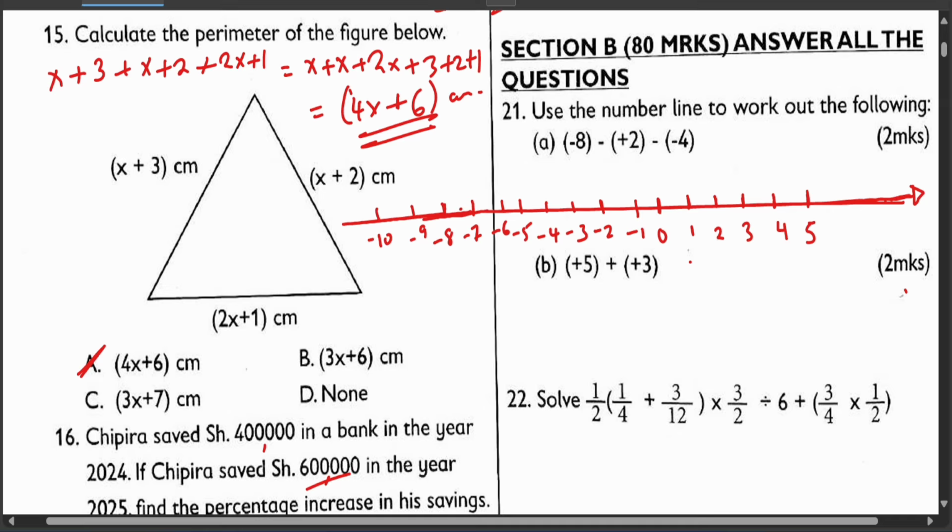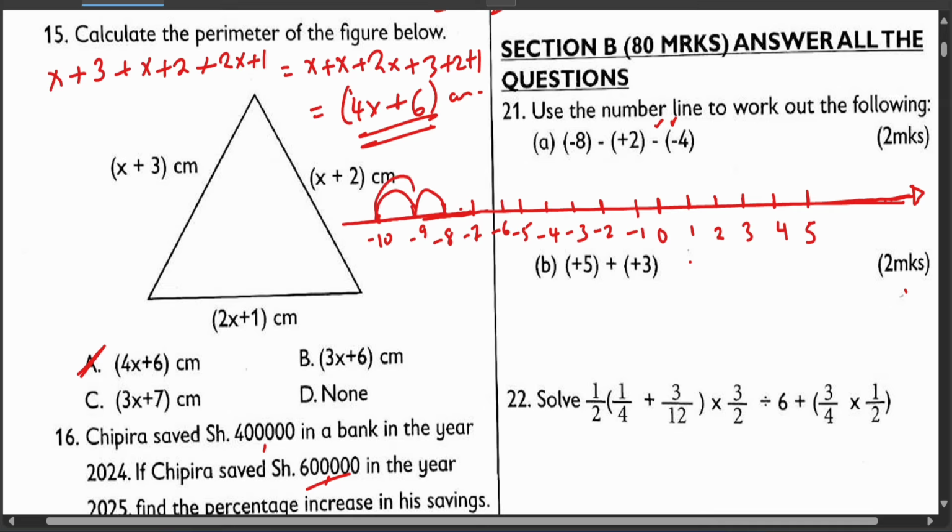So -8 minus +2. It means you go backwards twice, 1, 2. So minus +2 is just -2, and then minus -4. Now if there's a negative and there's a negative, it usually becomes addition. Therefore, wherever you are, you need to go 4 times forward.